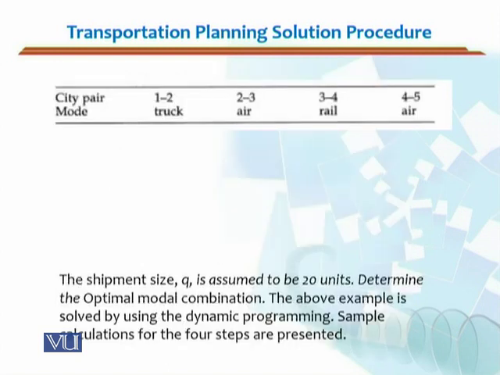So the best modes for the city pairs would be: for pair 1, 2 it would be truck, 2, 3 would be air, 3, 4 would be rail, and 4, 5 it would be air. Why? Based on the minimum cost. You have to look at the mode switching which actually gives you the minimum cost.